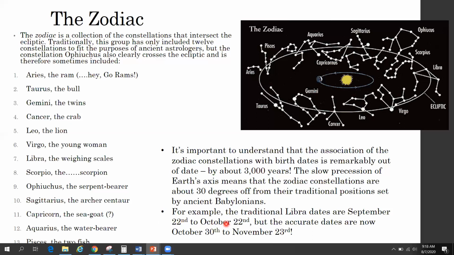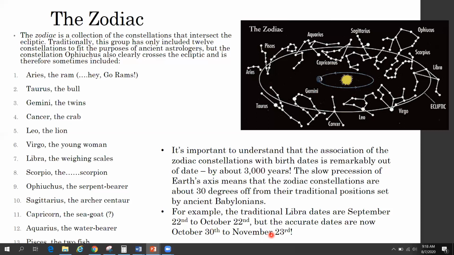However, if you actually want to be born when Libra is in the sky, aligning with the sun, nowadays that happens much later. It starts on October 30th and ends around November 23rd. So pretty different. It's shifted almost by a whole month.